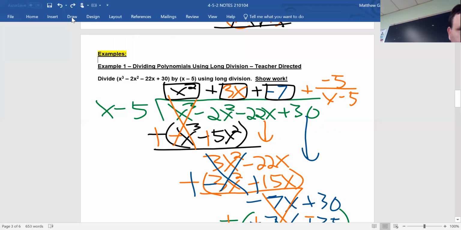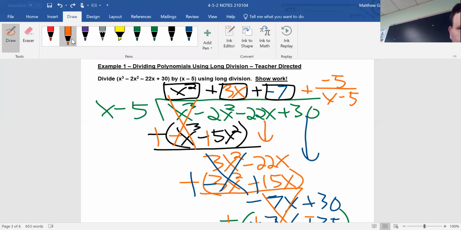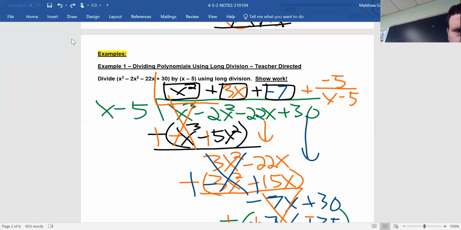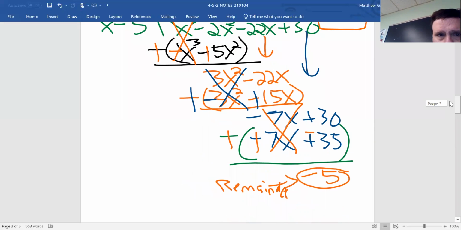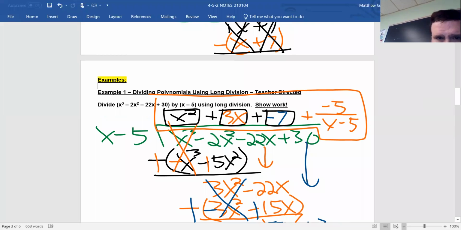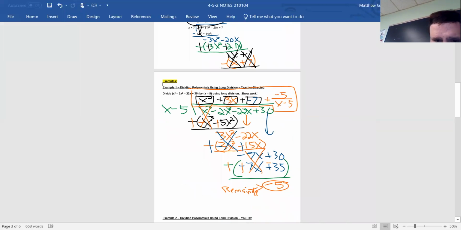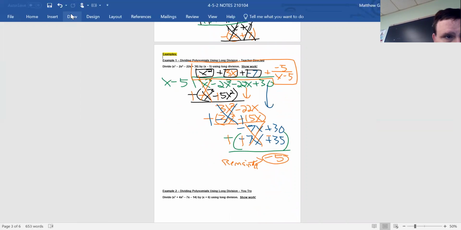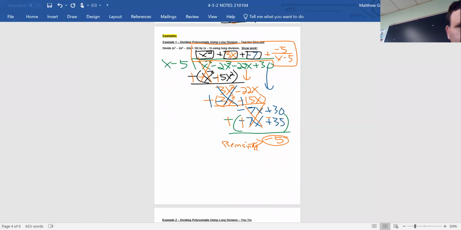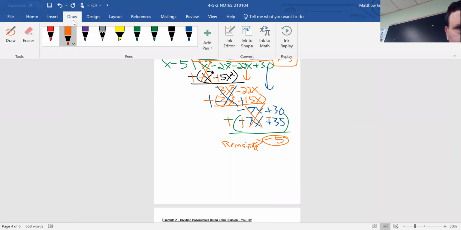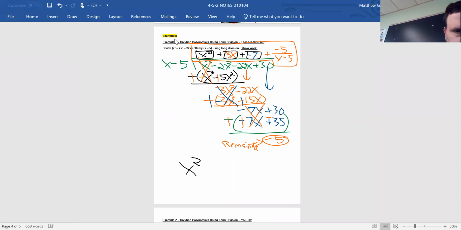Okay, hold on. So we write our answer. Just want to write it properly. So your quotient, I'm taking a lot of time, is x squared plus 3x minus 7.